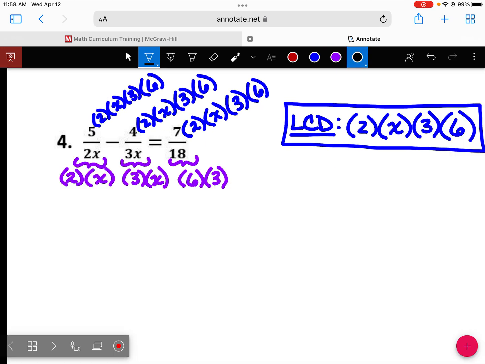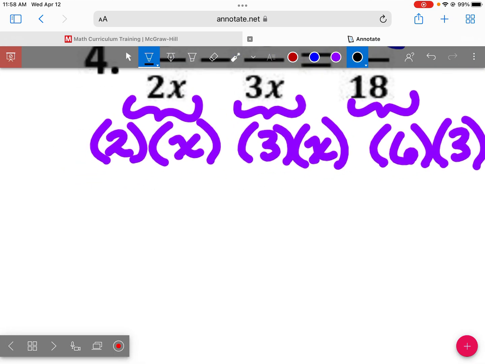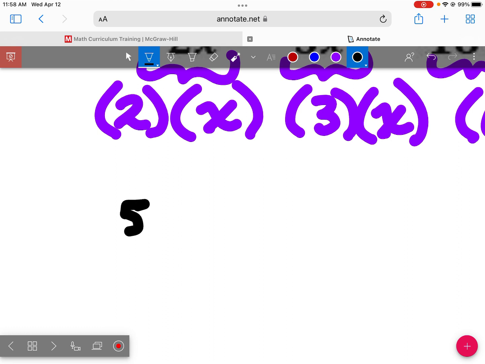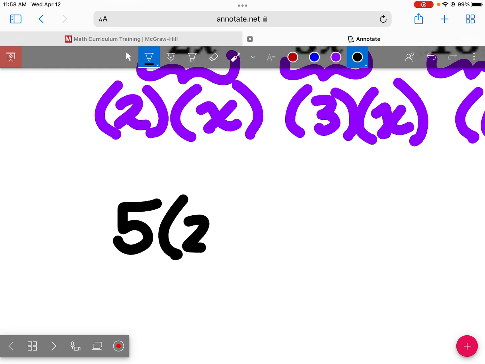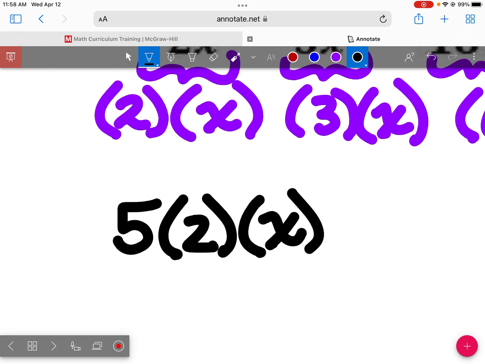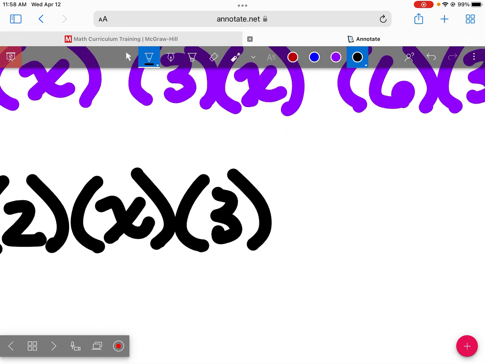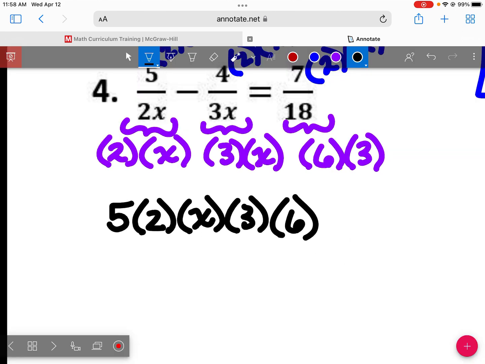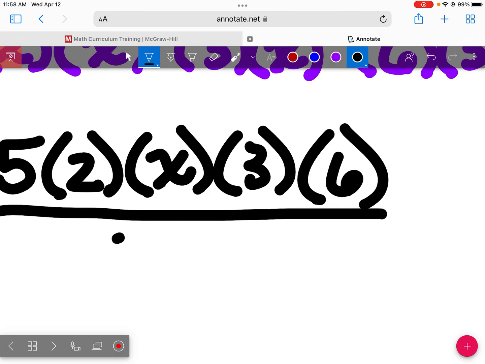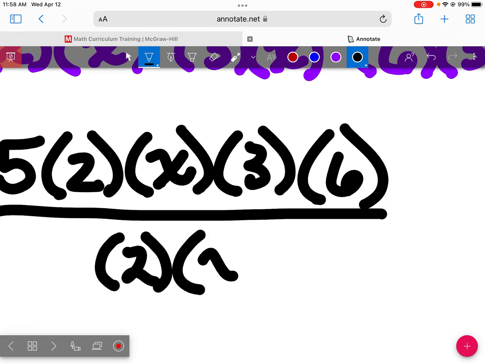All right, there's way too much going on there for me to look at. So I'm going to rewrite each of these fractions. So I have 5 times 2 times x times 3 times 6 over 2 times x. If you guys can make sense of this and do some canceling there and not get confused, that's fine. I'm writing it down so that we're very clear on what this should look like.